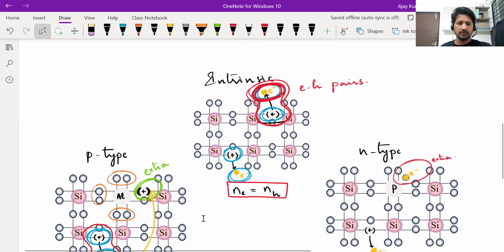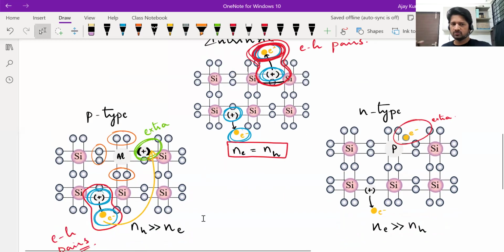But in a p-type semiconductor, you are creating a lot of extra holes. So basically you are creating a lot of extra spaces where the electron can settle. This electron which moved away can later settle down somewhere else. You are giving it many spots which are available for it to settle down.